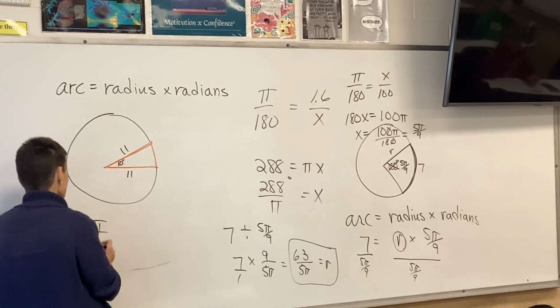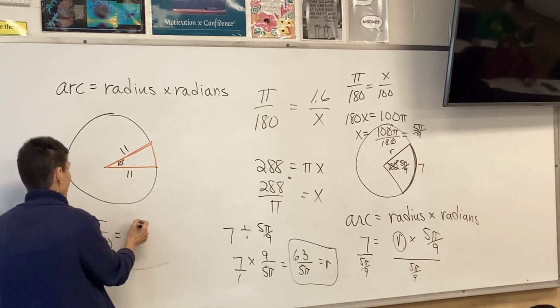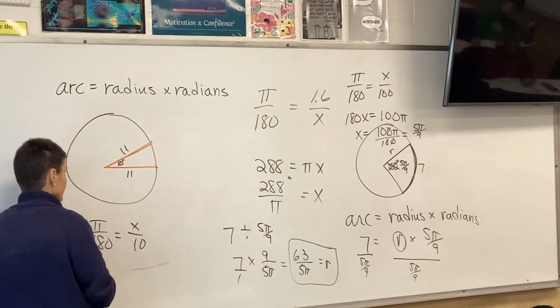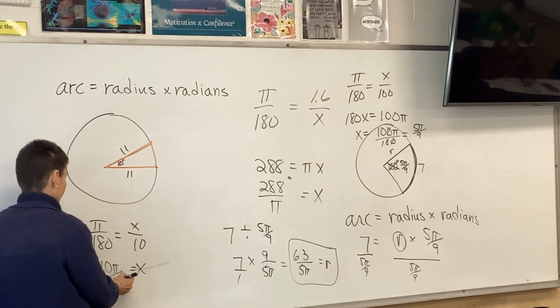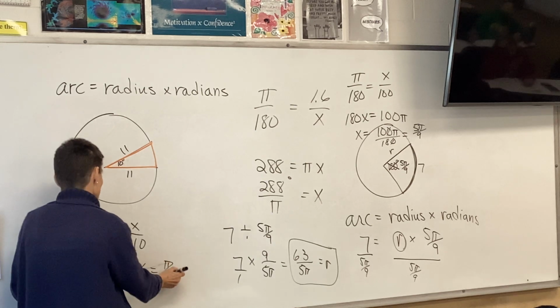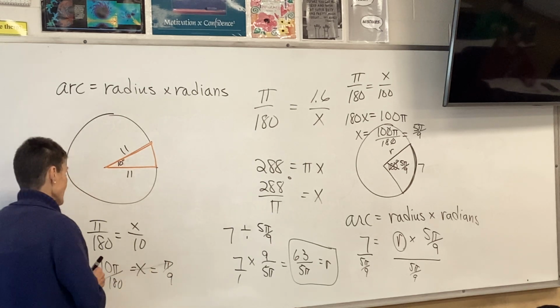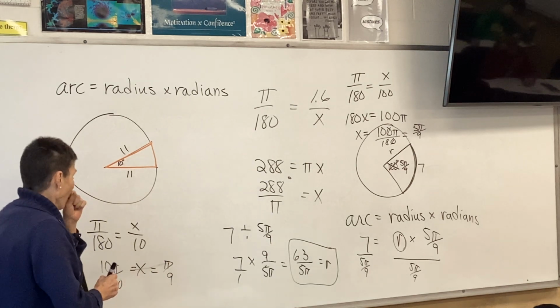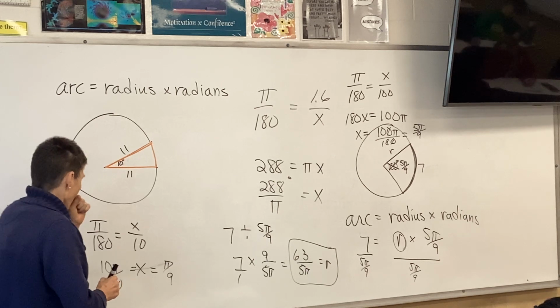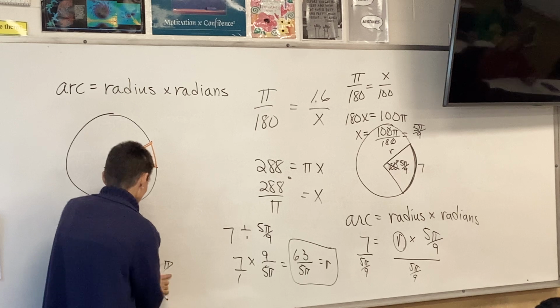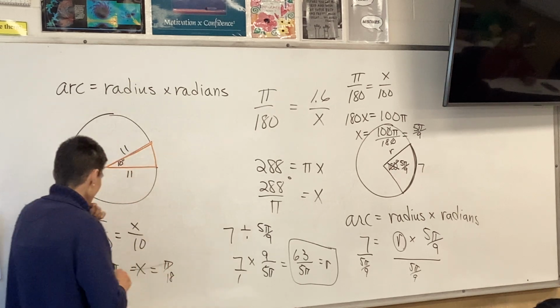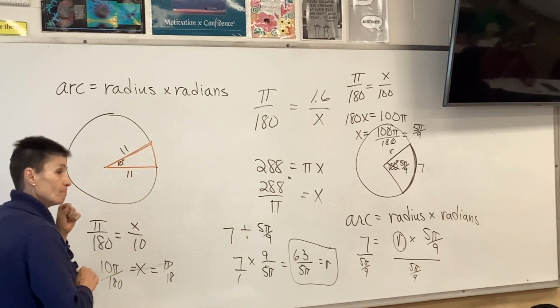So pi is to 180 as something is to 10. So we're going to change that into a radian measure. Oh, that's not right. Did you get 1/18 pi? Yeah.